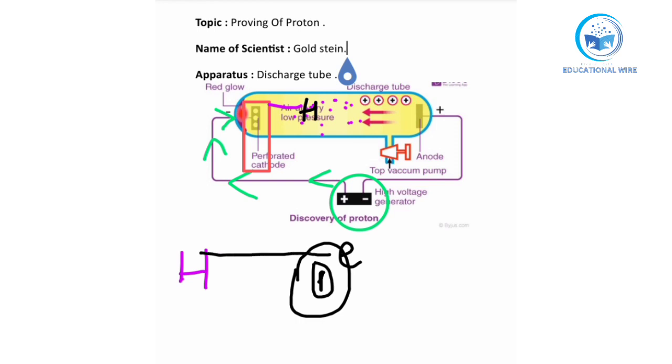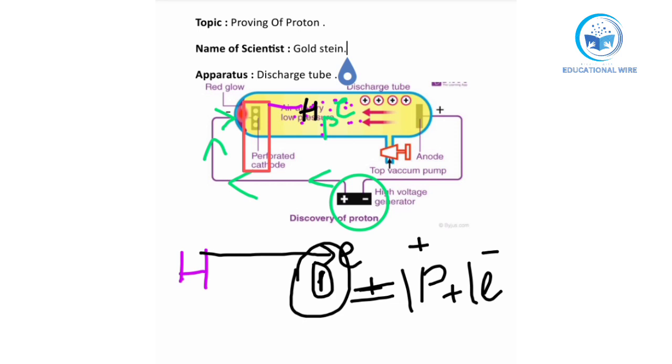Cathode rays come over here and move to this one. One proton of positive charge and one electron of negative charge remain. When it is ionized, both come inside this discharge tube.